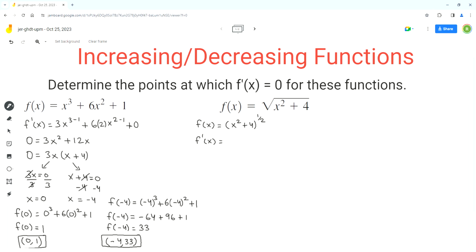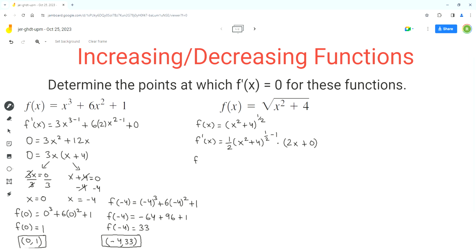So we'll move the exponent to the front, so half times x squared plus 4, and then we'll subtract 1 from the exponent, times the derivative of the inner function. So as per the power rule, the derivative of x squared is 2x, and then plus 0 because 4 is a constant. So now we can simplify this expression.